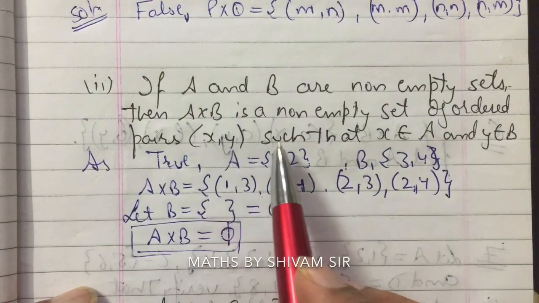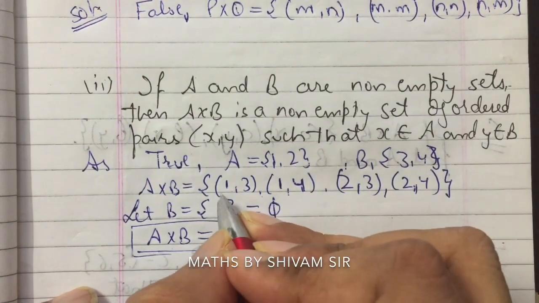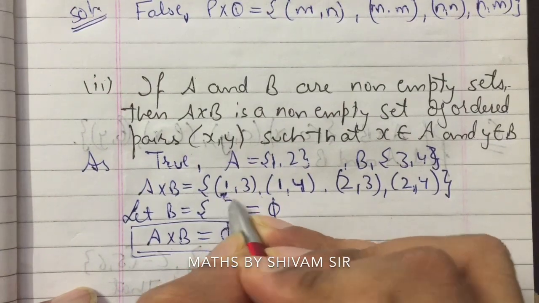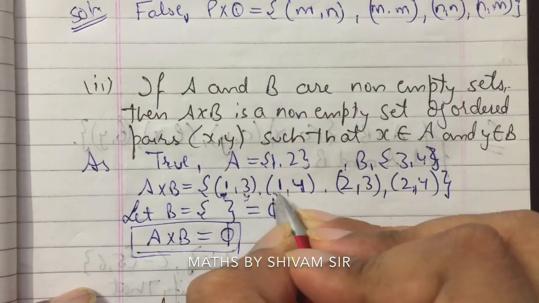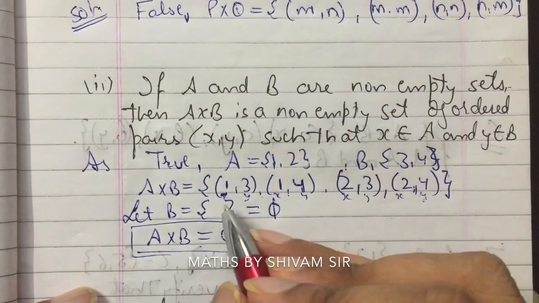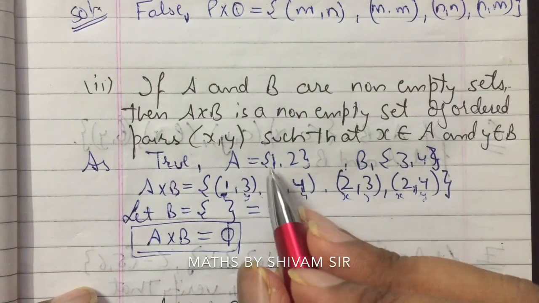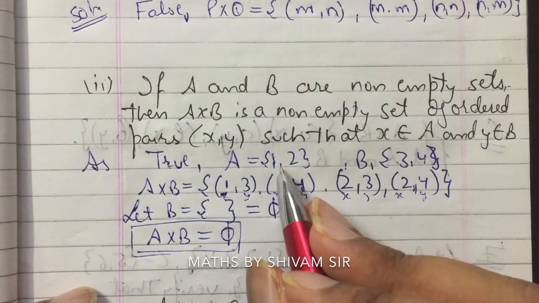So why is it true? Now (x, y) such that x belongs to A. So this will be x and this will be y. So again x, y, again x, y, again x, y. So the x elements belong to the A set. X is 1, 1 is here. X is 2, 2 is here.